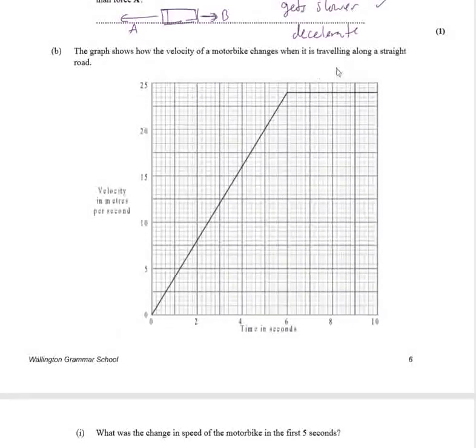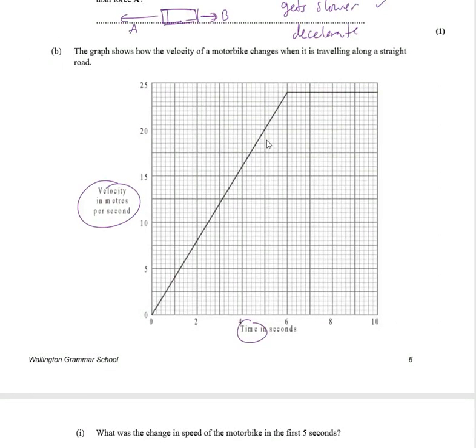Now we have another graph here as well. Now what we have is velocity and time, which is different. It's a straight line, it goes up, it goes down. So this here tells us how fast it is going. From 0 to 6 seconds, it went all the way to this value here.